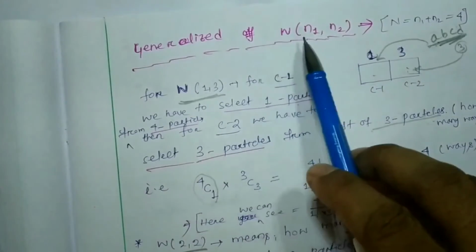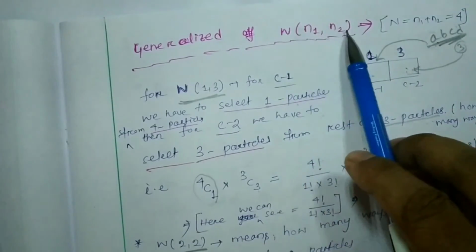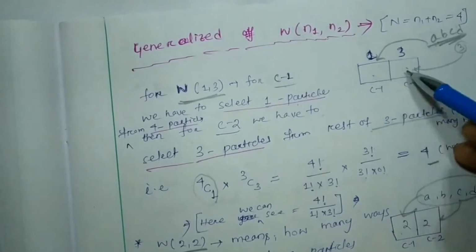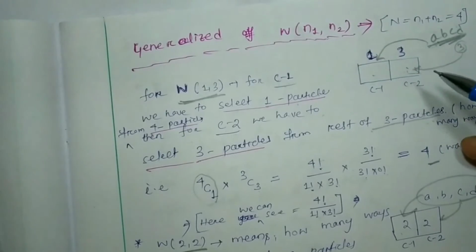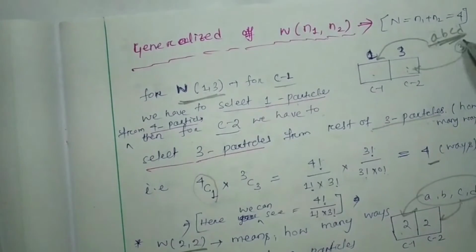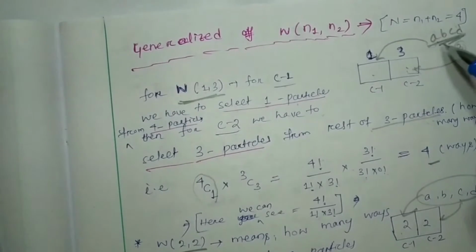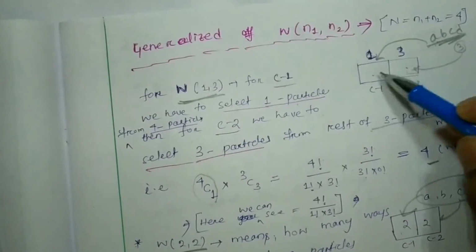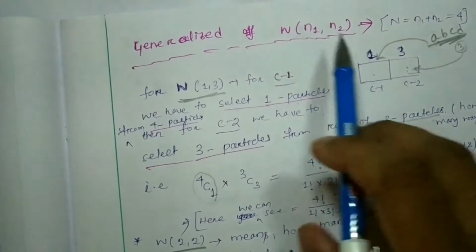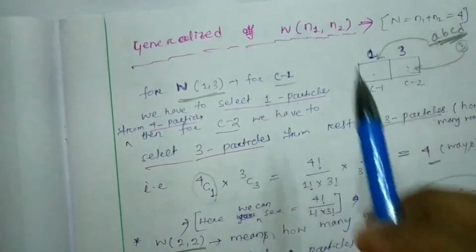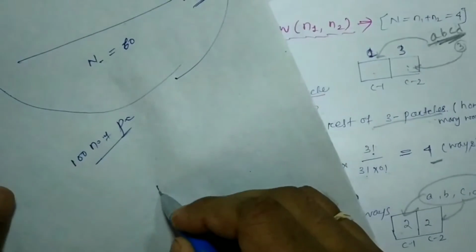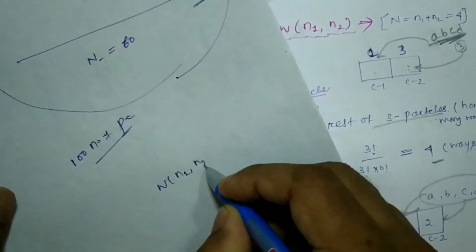Generalized for W(n1, n2). That means two compartments are there, and the total number of particles is four. The total number of particles is distributed in two compartments. For the particular macrostate W(n1, n2), what did we find?